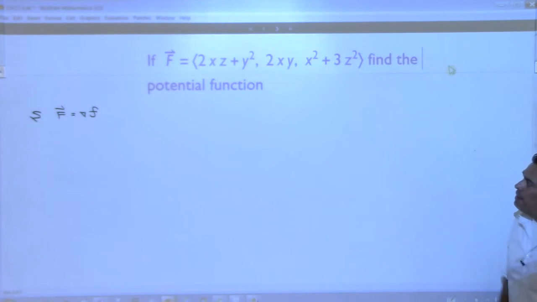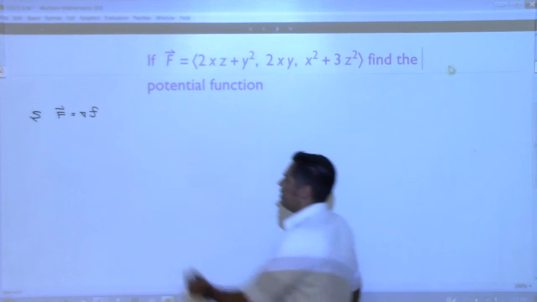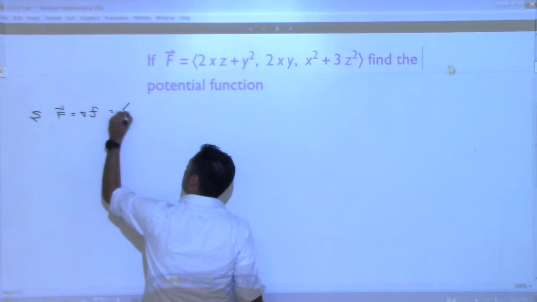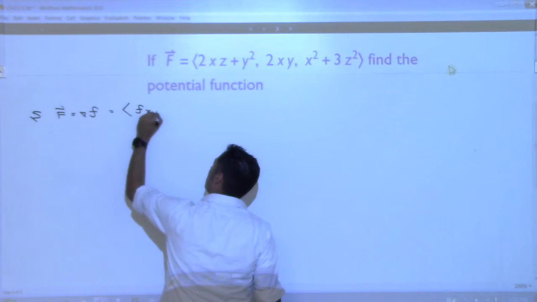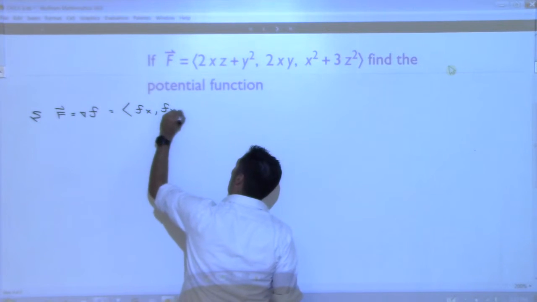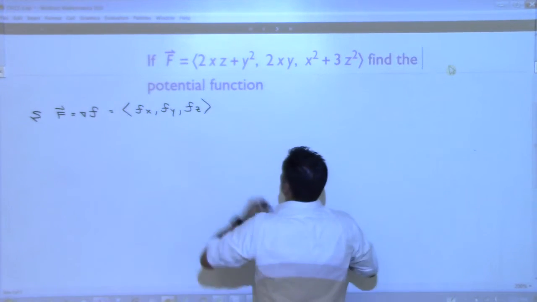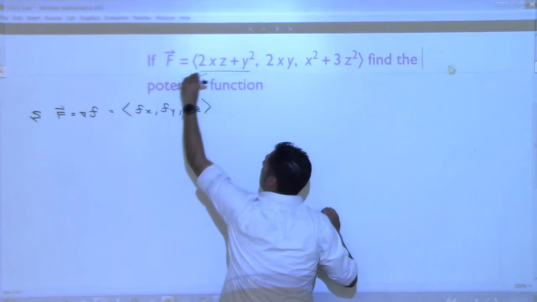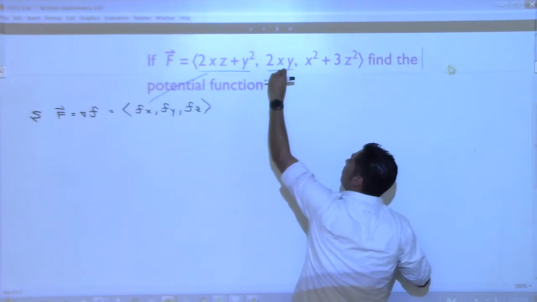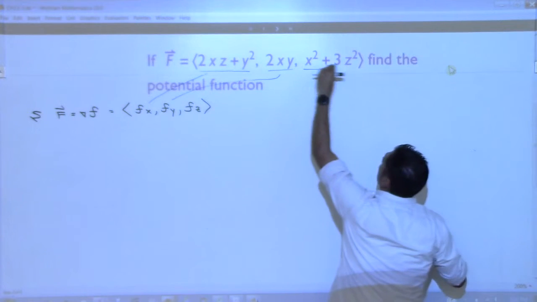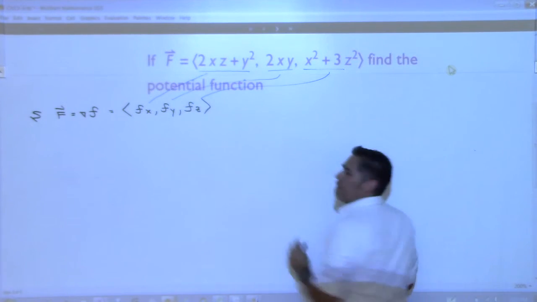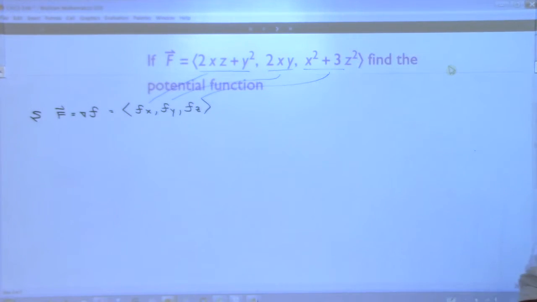Suppose that this vector field is the gradient of some scalar field, which if it is, then that means it's a vector that has the partial of f with respect to x, partial of f with respect to y, but now this new partial of f with respect to z. So that means this would be that, this would be that, and this would be this. If it is conservative, that's what would have to be true, right?